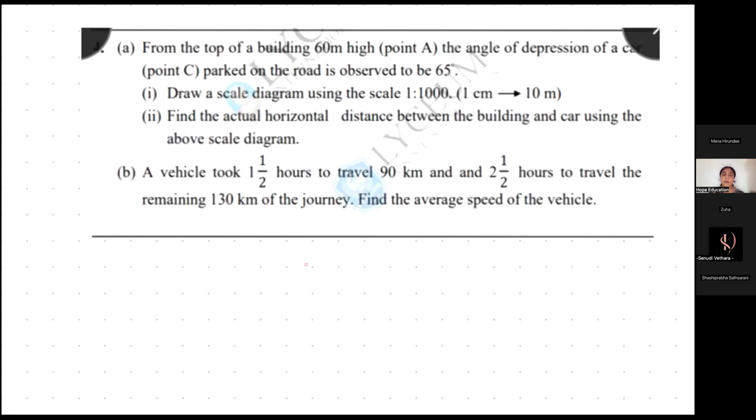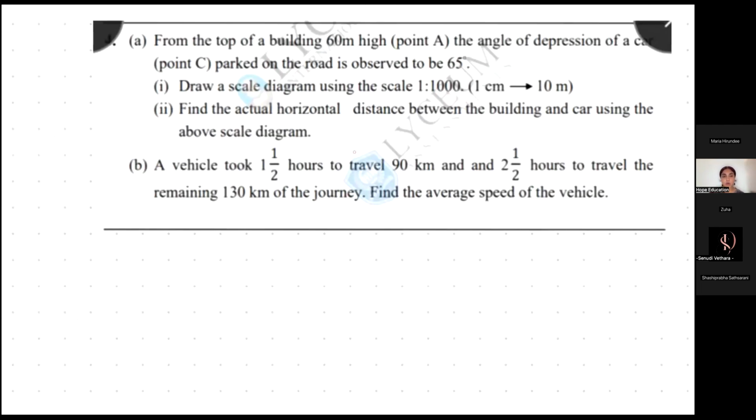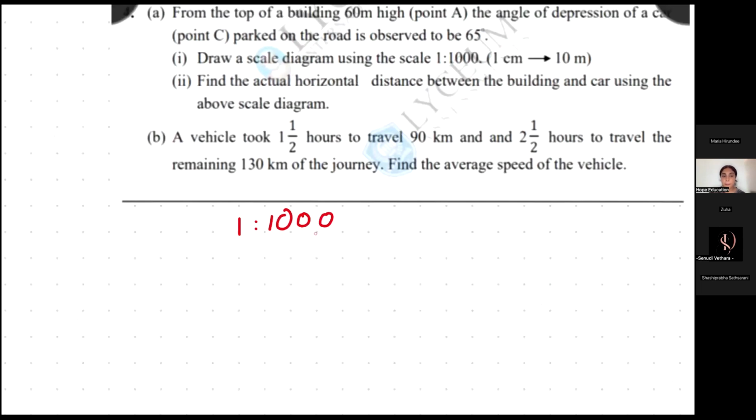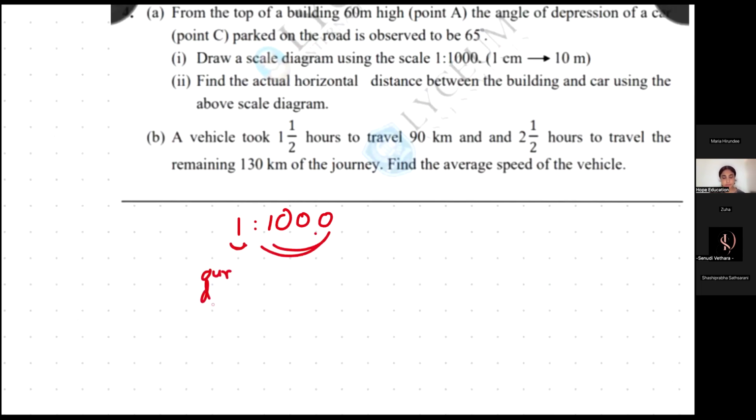From the top of a building 60 meters high. Let's look at our scale first. It's 1:1000. Here they have not told us how much 1 cm is, but even if they didn't, we know that when they say 1:1000, this is our drawing and this is the real one.